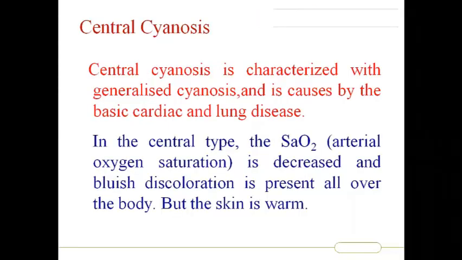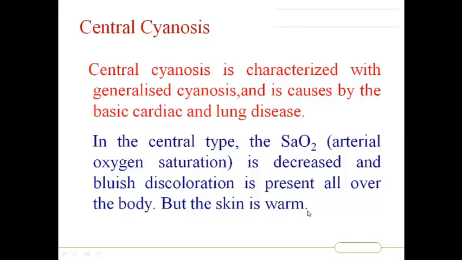What is central cyanosis? Central cyanosis is characterized by generalized cyanosis, and it is caused by basic cardiac and lung diseases. In the central type, the arterial oxygen saturation is decreased, and bluish discoloration is present all over the body, but the skin is warm.